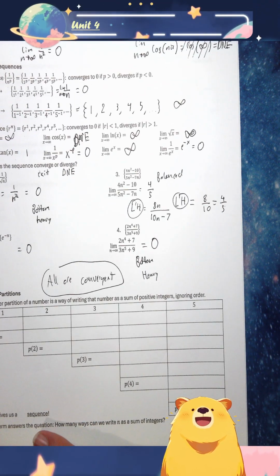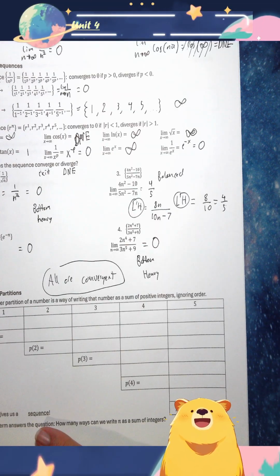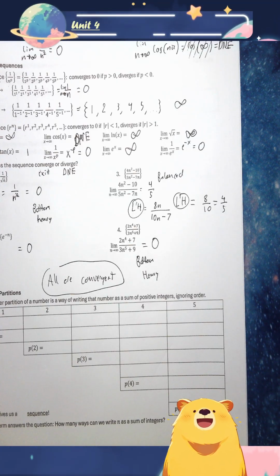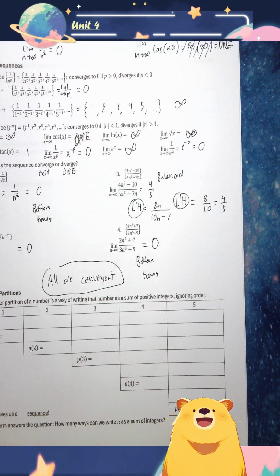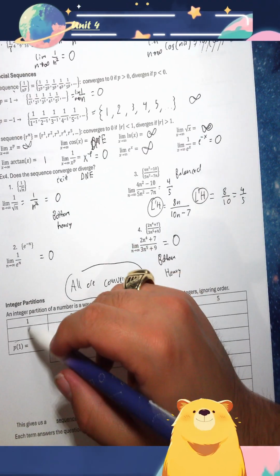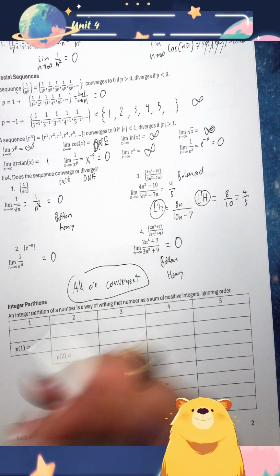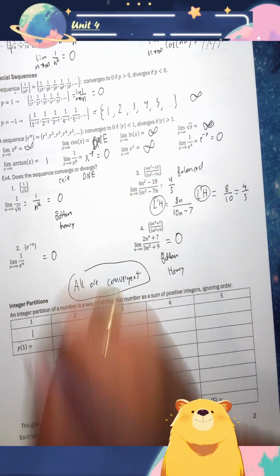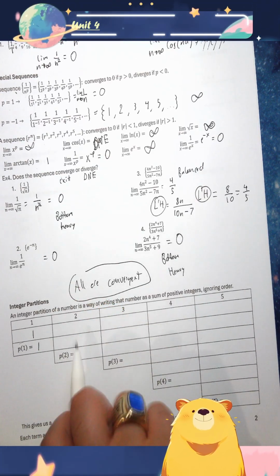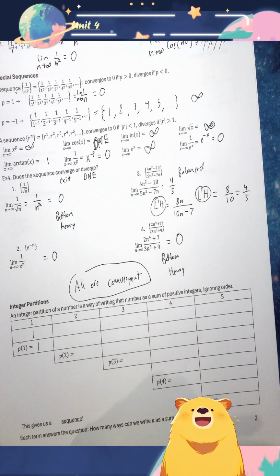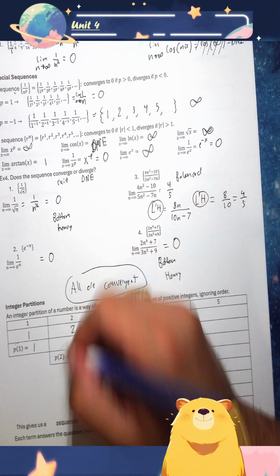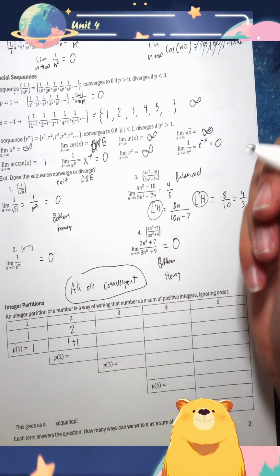All right. Another way we're going to play with numbers is integer partitions. An integer partition of a number is a way of writing that number as a sum of positive integers, ignoring the order. So, for example, what are all the ways we can write 1? Well, just 1. And you just count that, and that's going to be 1. How about 2? What are all the ways we can write 2? Well, we could write 2, or we could write 1 plus 1.